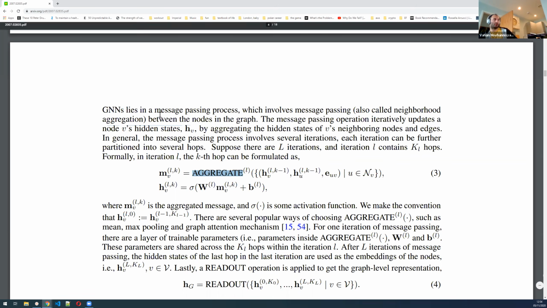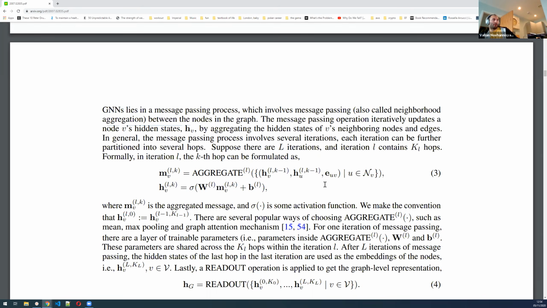Okay, so in general we call it aggregation. And then the aggregation will be across all neighbors of a given node V. I'll talk about K in a moment, and the edges that go from V. Okay, so N is the neighborhood.